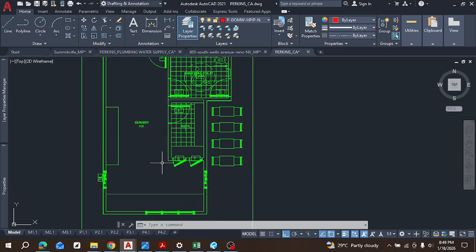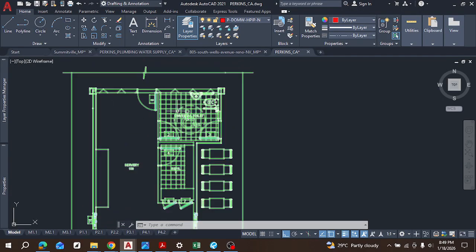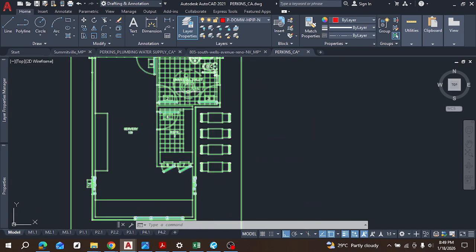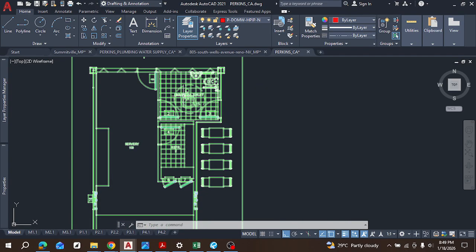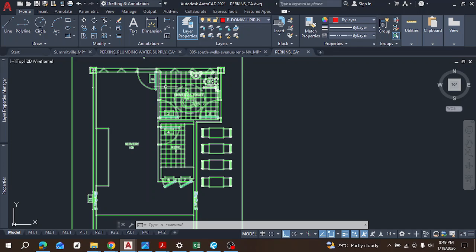So first of all, as usual, look at your building, your project, and take notes of what you should do. This is a cold room, right? This is just a bathroom. So this is a very small building. So normally it's just a coffee shop. So it still falls under commercial kitchens, right?